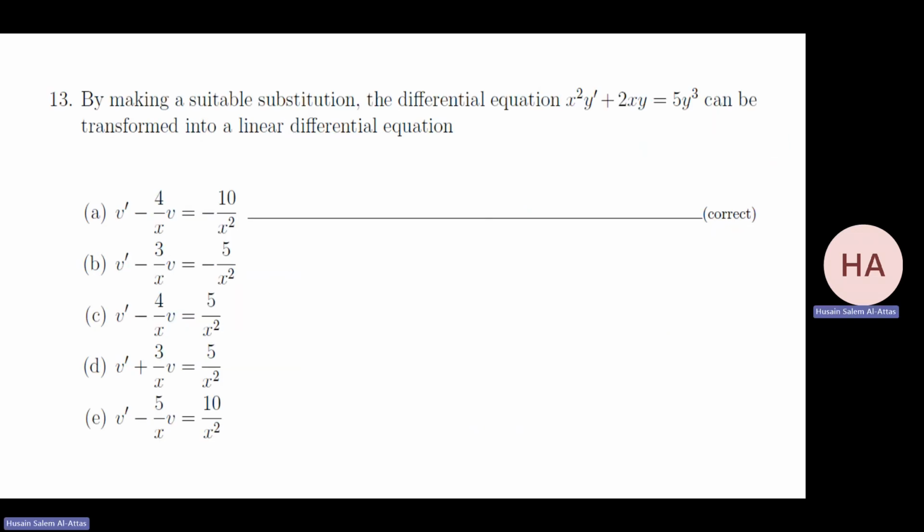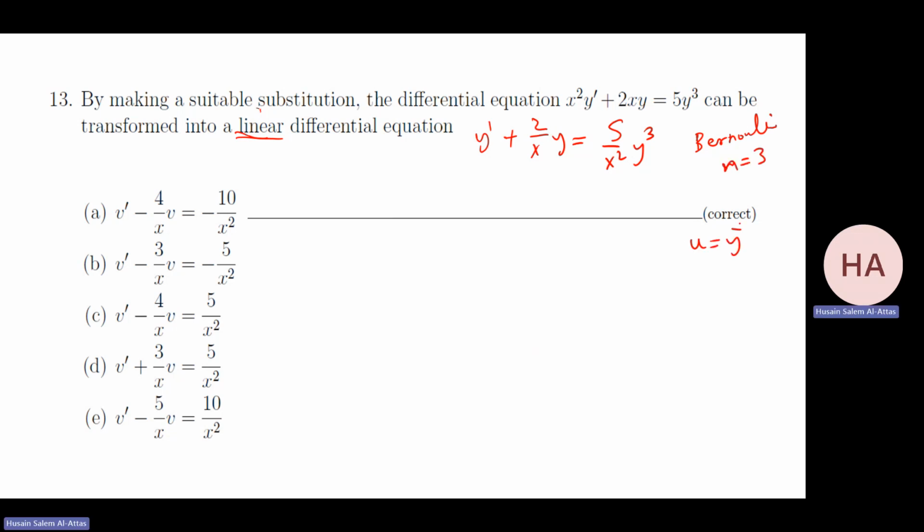Okay. Now he doesn't want it solved. He wants me to transform it into a linear equation. It means it should be Bernoulli, not always, but usually like that. y prime plus 2 over x y equals 5 over x squared y cubed. Okay, so it's Bernoulli with n equals 3.